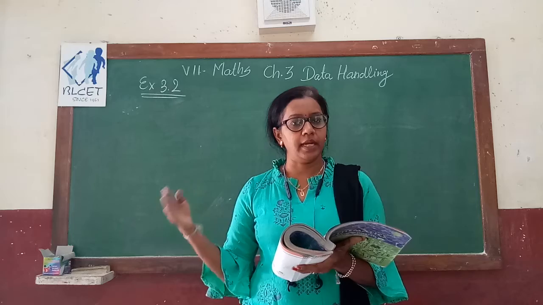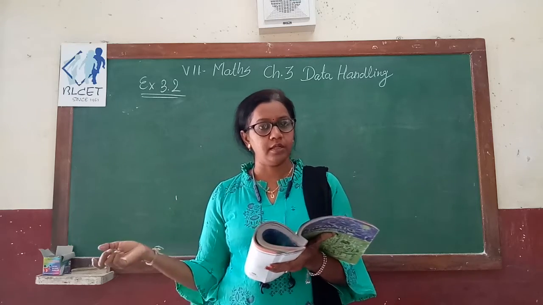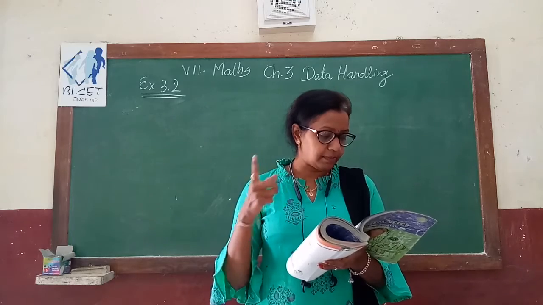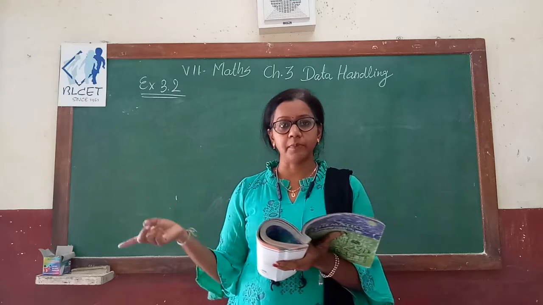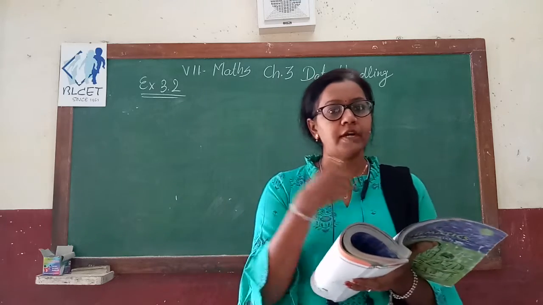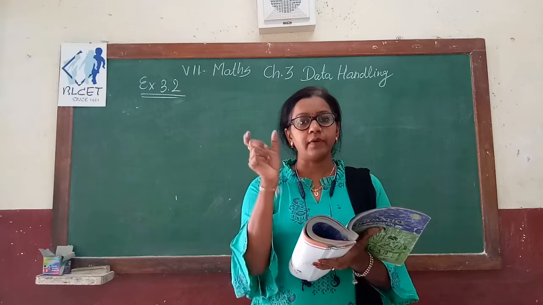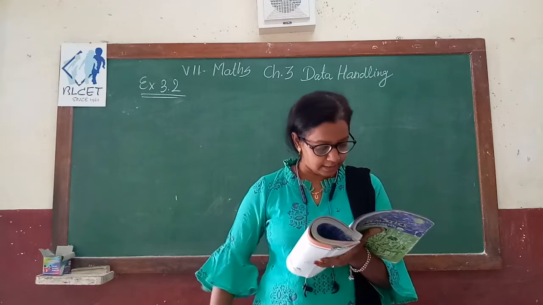Arrange the given data in increasing order, or you can say ascending order. Mode means the maximum number of times the observation is repeated, that is your answer. And for the median, you have to cancel from the front side and from the back side an equal number of observations, and whatever is left in the middle, that is your answer.